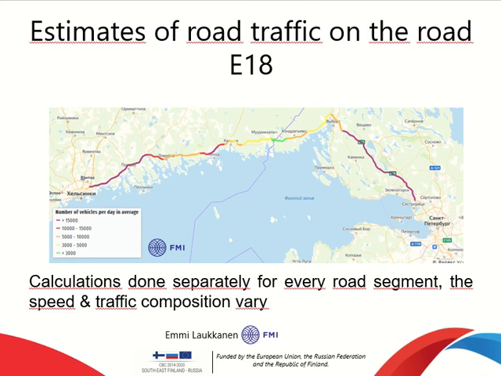The input data is from the year 2018, and that means that we have the data of traffic fleet composition, traffic speed, and number of different types of vehicles on the road from the year 2018. In this picture you can see the number of vehicles per day on average on the road. The darker the color on the map, the more vehicles there are on the road.